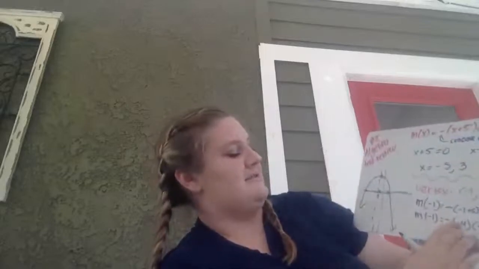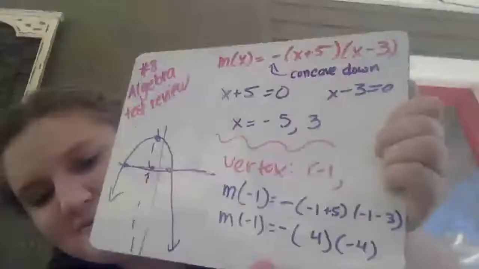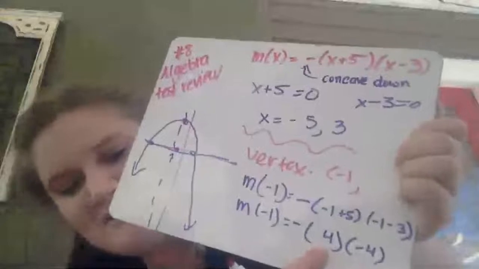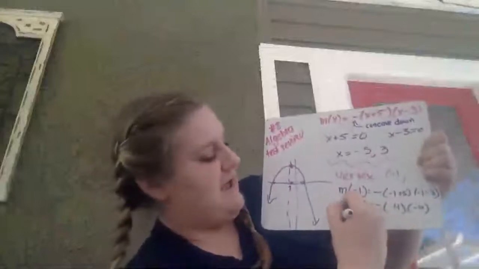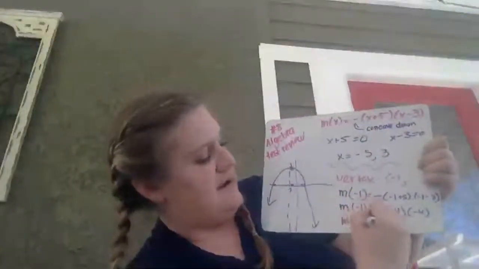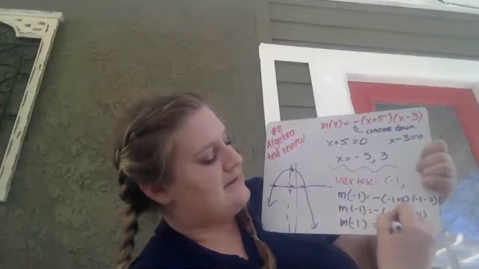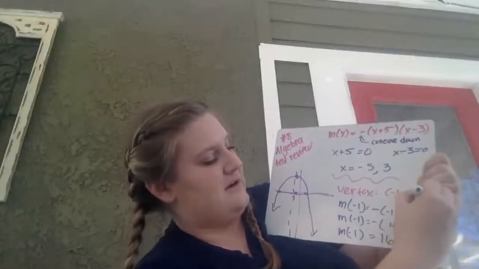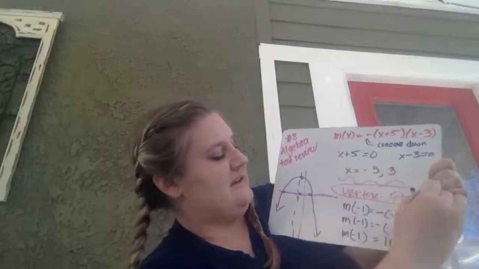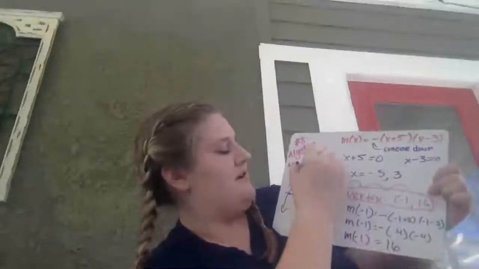No, this should be a positive 4. My mistake. That should be a positive 4. So we have positive 4 times negative 4. So m of negative 1 is positive 16. So my vertex is negative 1, comma 16. So this point right here, let me write it and then I'll show you, is negative 1, comma 16.